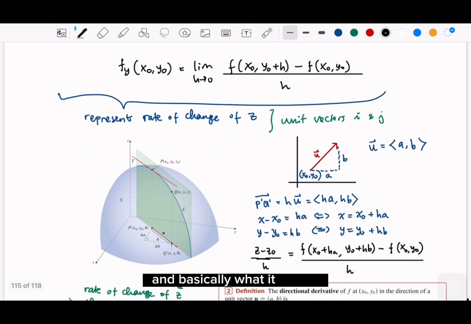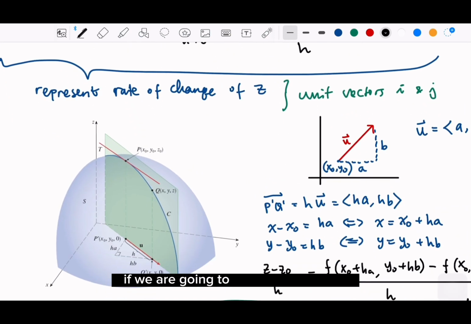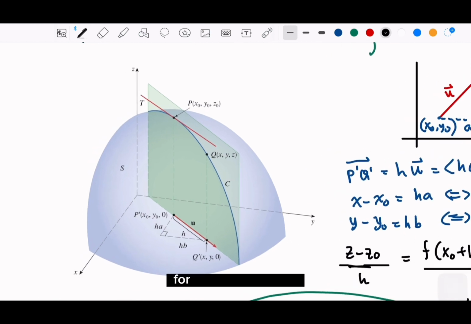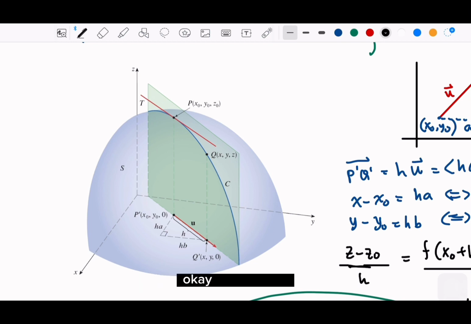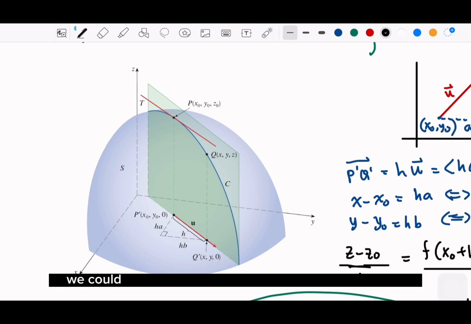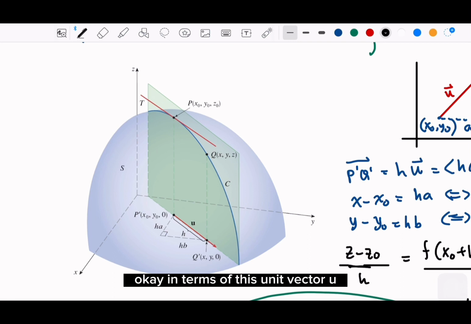And basically, if we have some vector, for example this u, and we have this t that is tangential at this point P, we can write how to represent the rate of change of z in terms of this unit vector u.